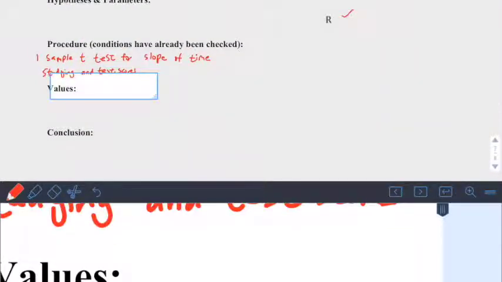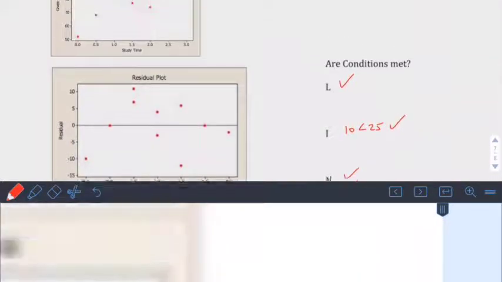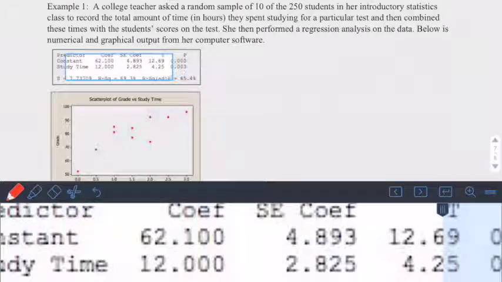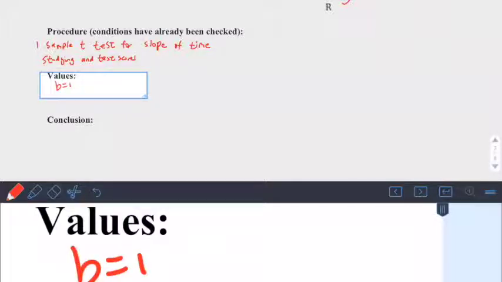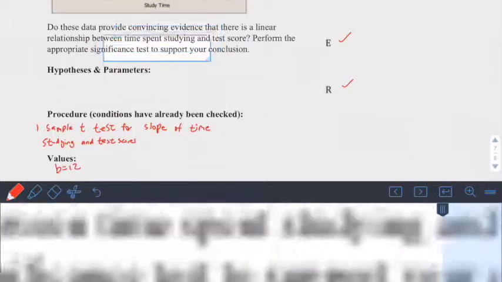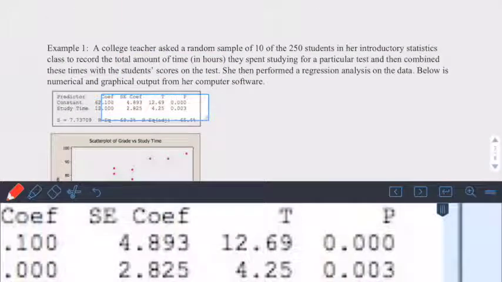Now, all the values, this means we need to find all of the stuff in this little table. So we know that our slope is 12, right? That's our statistic. Then we need our t, which is 4.25.